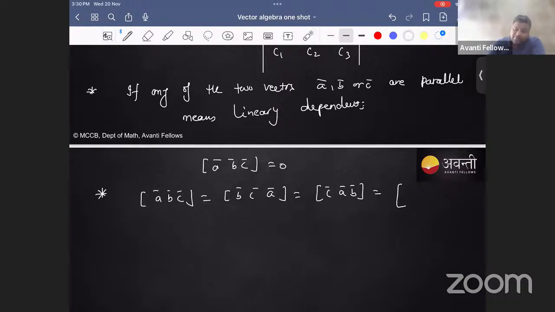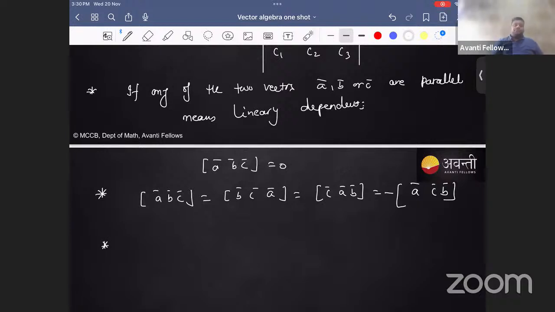But yes, if you break that order, so if you do ACB, the value will be the negative of that. Am I clear? The value will be negative of that.